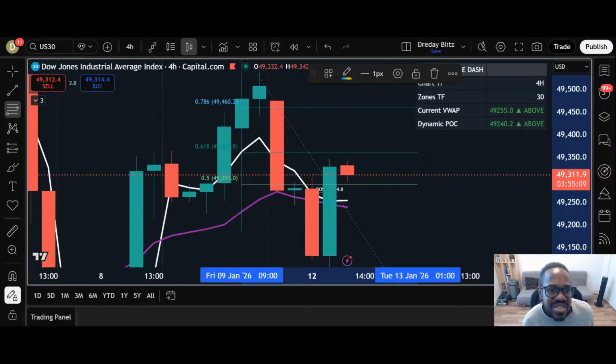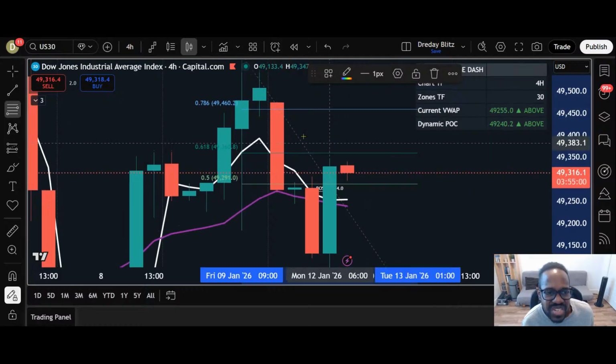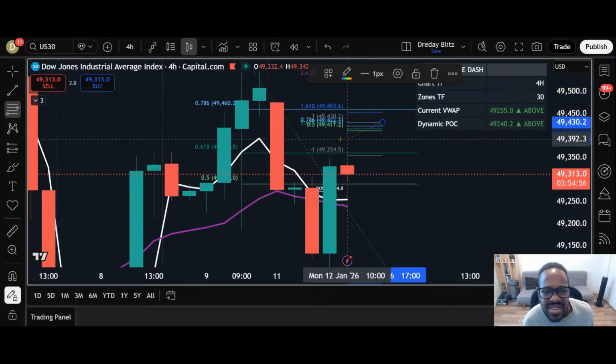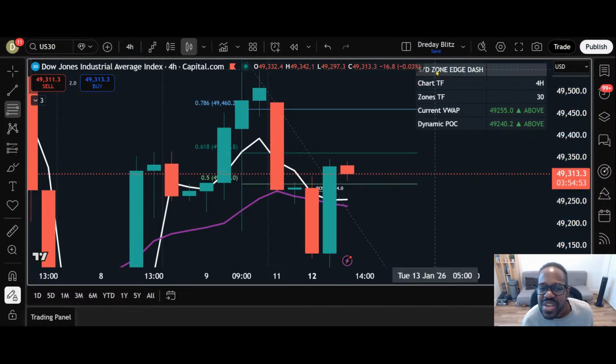So that's another indication of what to expect in price. If it wants to retrace to the downside, we need to reach pretty much that point, that 61.8 right here. Just gonna remove that.